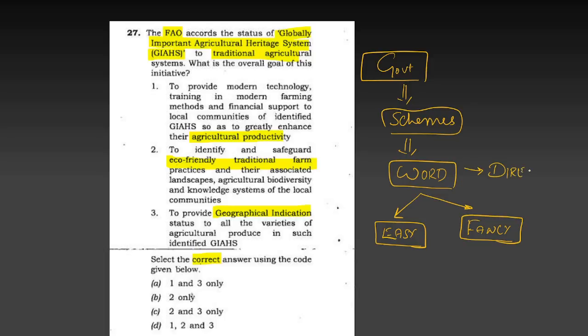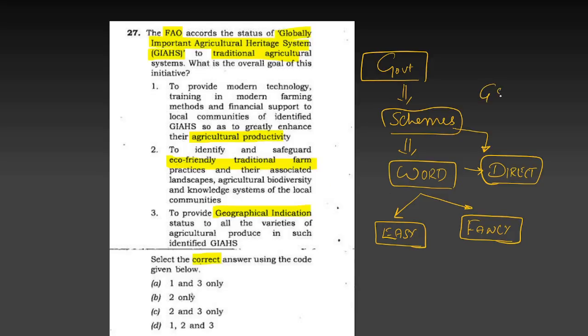This is the key. They should not have any hidden meanings at all, because in poetry I might use some word and that word may have so many different meanings, but in schemes the most important factor that the government looks for is that they should have a direct meaning. And this is the fact that we are going to use.